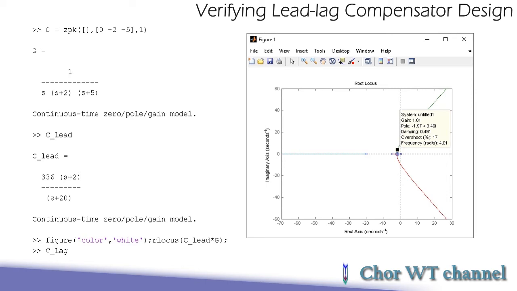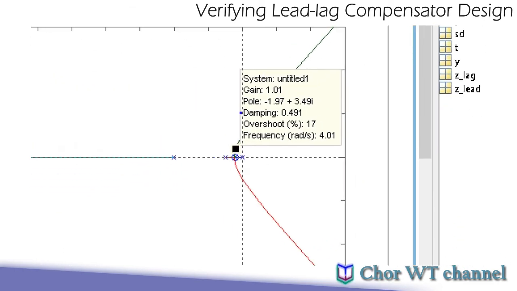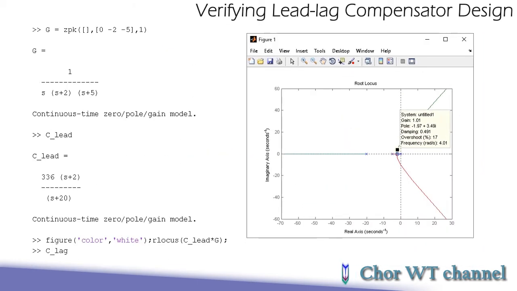This is the best that I can move my cursor to hit a gain very near to 1. In this case, you can see that the pole value achieved is very close to -2 plus minus j2 square root of 3, and this verifies that our compensator has been designed correctly.